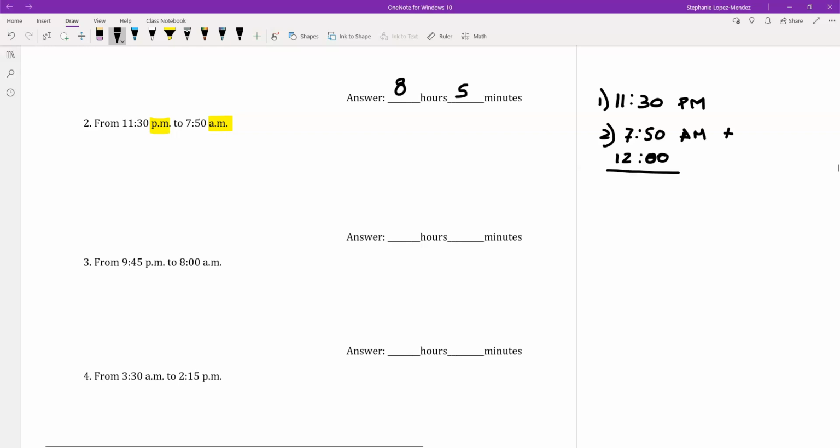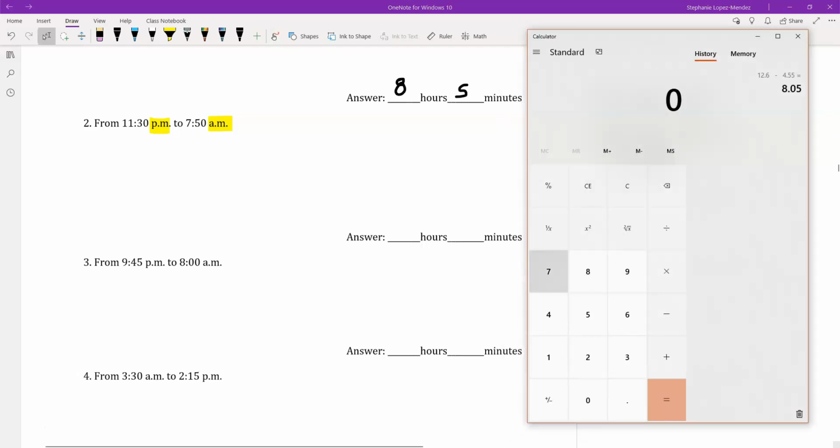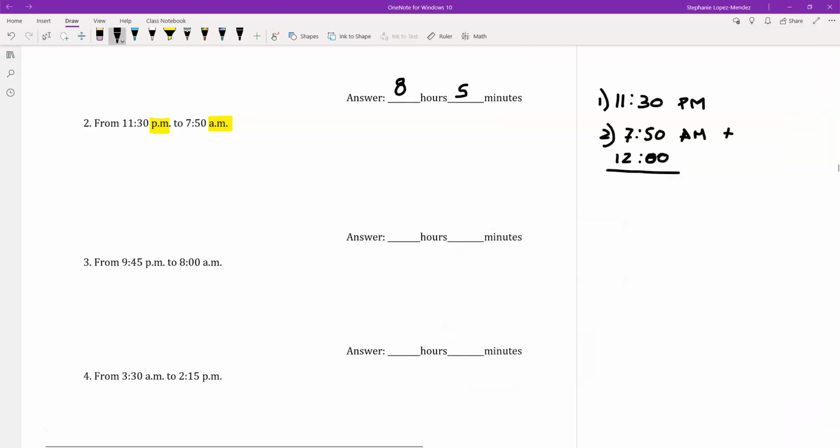So now I have 7 plus 12. That is 19. And 50 plus 0 is 50.